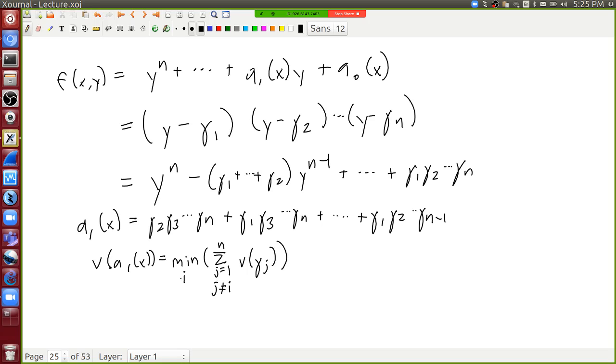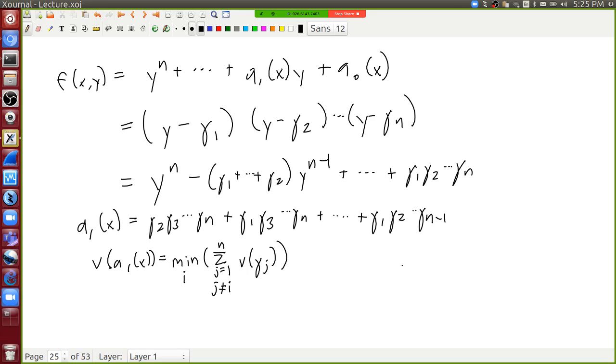The valuation of a sum is the minimum of the valuations of the individual terms, and each one is going to be a sum of valuations minus 1. One of the valuations is going to drop off each of these, and we're either going to get the minimum of all these valuations, or there could be cancellation.